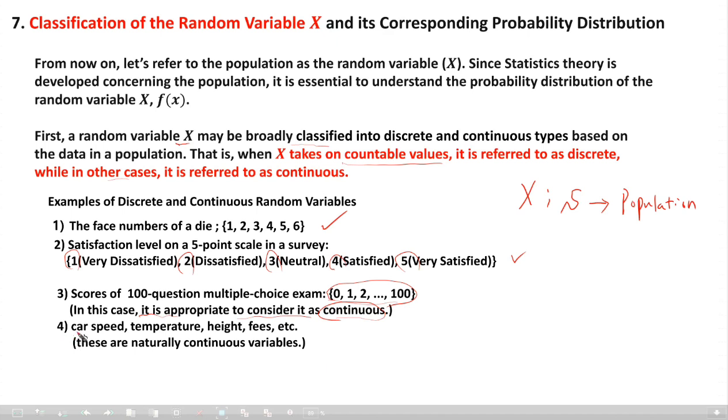Okay, for car speed, temperature, height, fees, etc., there are many continuous types of random variables. Okay, you get it? We will see this type of data later.